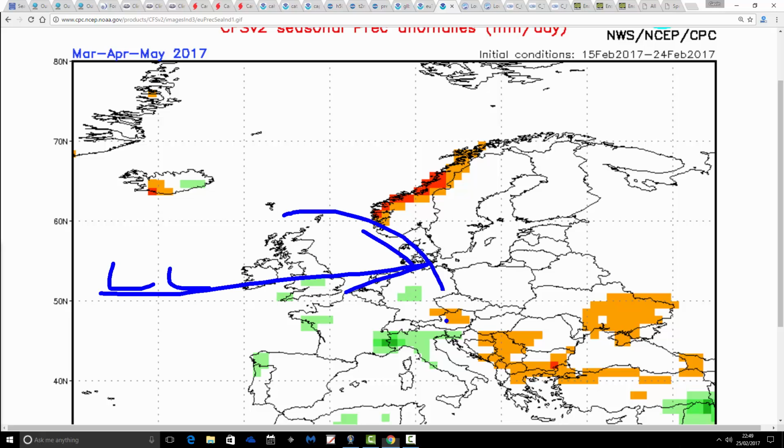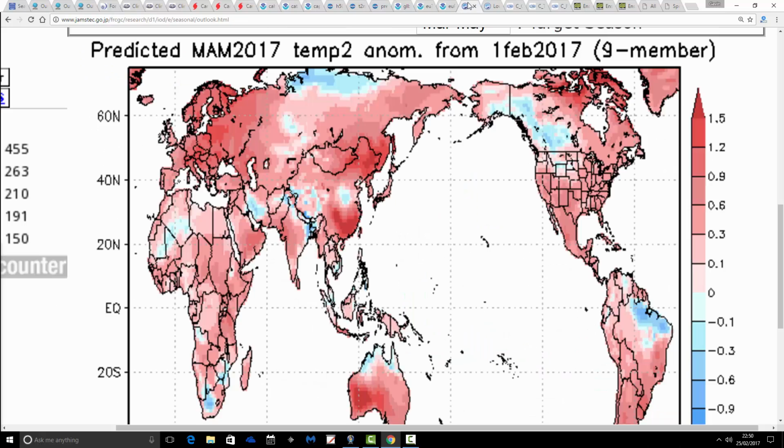You'd expect quite an unsettled signal for central western Europe. That's what the model is hinting at. So I think overall the trend of these models, there is a little bit of difference between them, but overall the trend so far is warmer than average temperatures, and if anything a bit on the unsettled side.